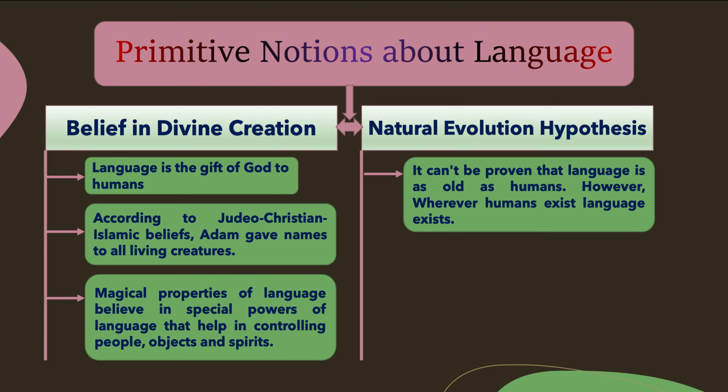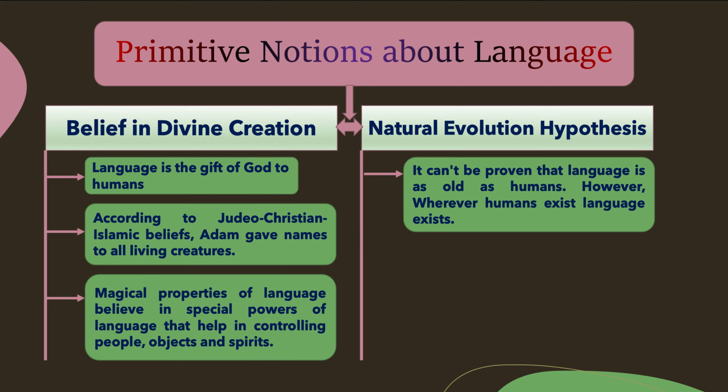So it cannot be proven that language is as old as humans. It's not scientifically proved. It's almost wrong. We cannot say that when a human was born, language was born. If that were the case, the child must speak when born, but the child does not speak. So what does it mean? It means that language is not as old as humans.